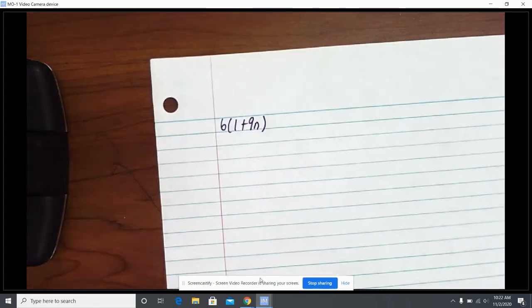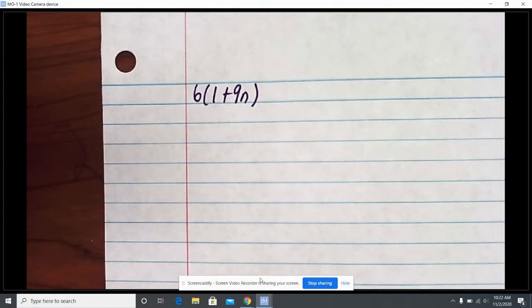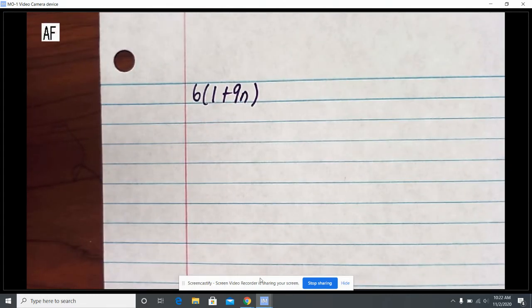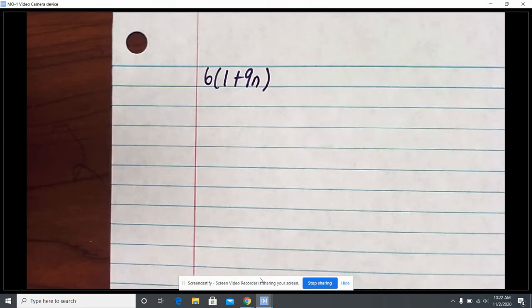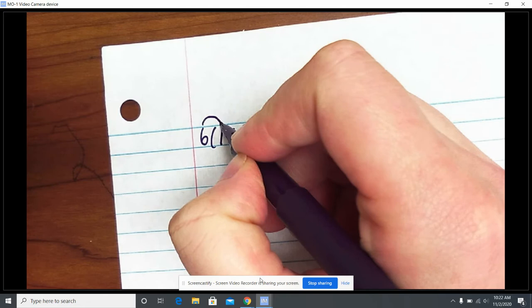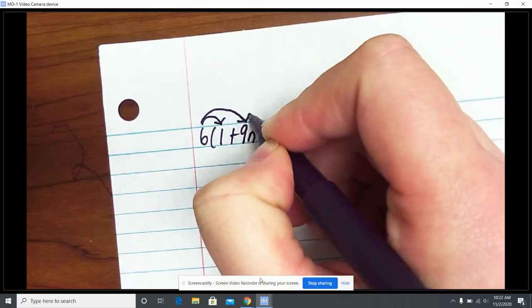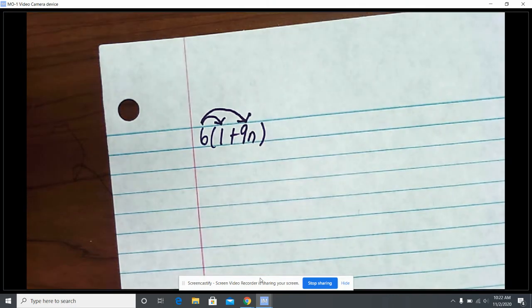All right, zoom this in. All right, so on distributive property, what we're doing is we're distributing out that 6 with both of the terms on the inside of the parentheses.